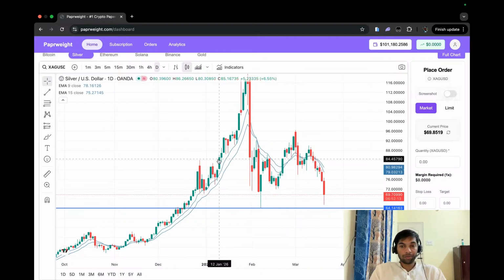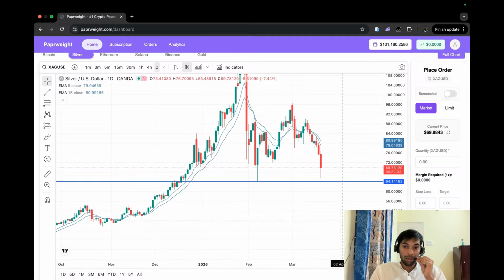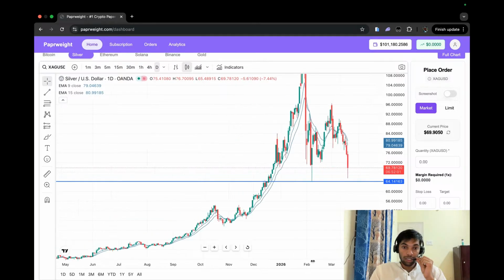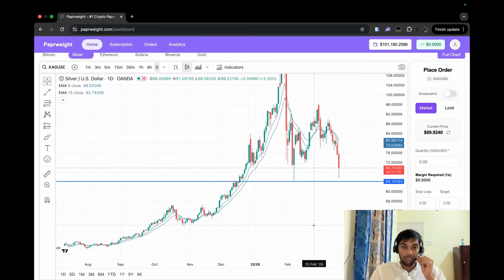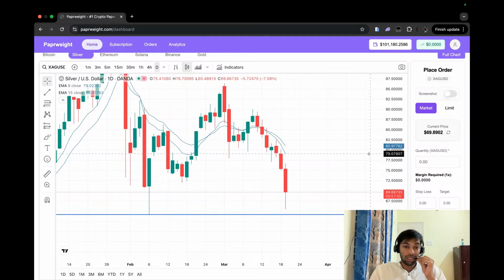So at the daily time frame, you can see the market is at the support. If the market is able to cross the support, then no one can protect silver from reaching this area, like the 45 point area, because there is nothing to support further. All right, so at the daily time frame, the picture is very bearish, very bearish.